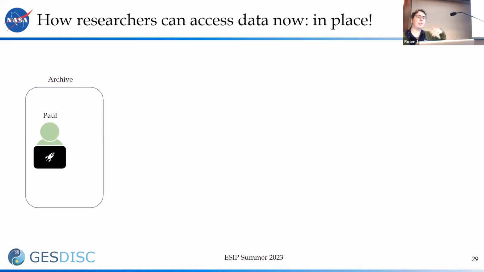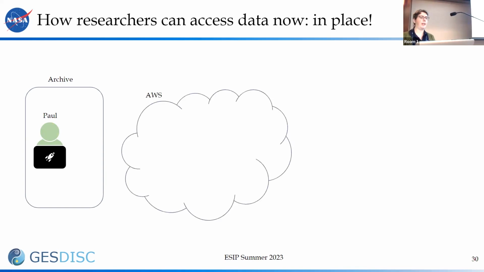So the new world that NASA's been talking about over the last few years is where you do this in-place analysis. So rather than Paul putting data into local servers at the archive, instead we at NASA went with AWS, and we store this data in buckets in the cloud.